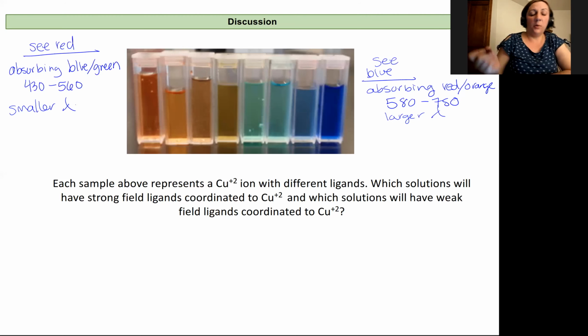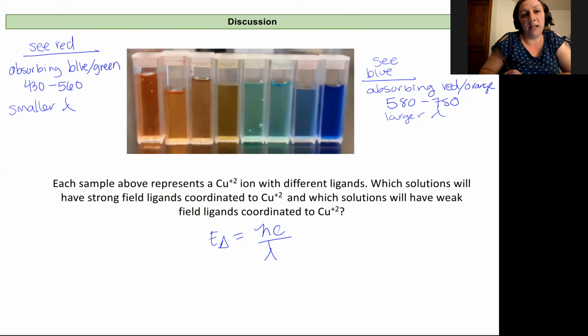Now it's important to remember that equation we've been using: the energy of the photon, or energy of that crystal field splitting, is equal to Planck's constant times the speed of light over the wavelength. What I draw from this is that the energy of the crystal field splitting is proportional to the inverse of the wavelength, so they have an opposite relationship.